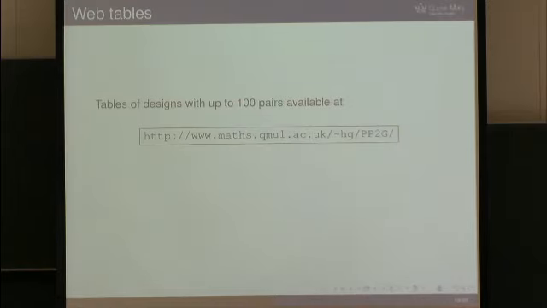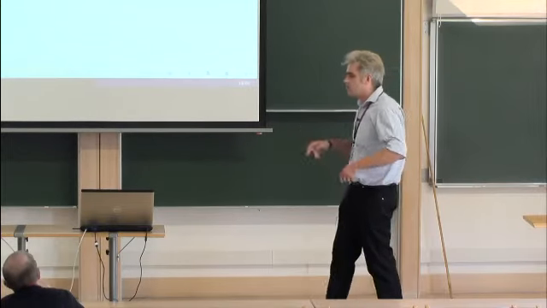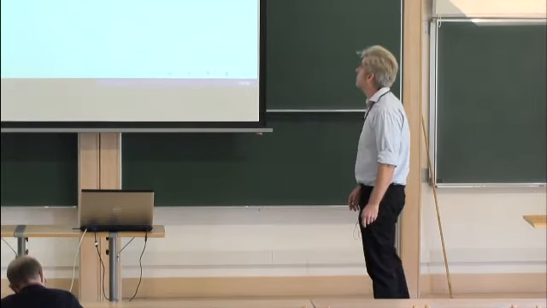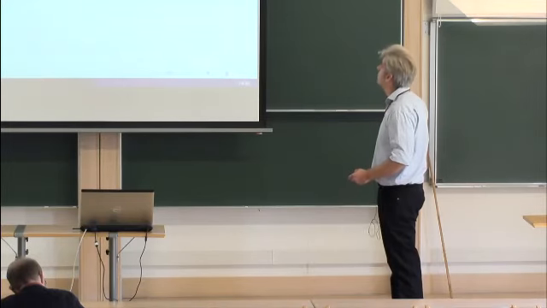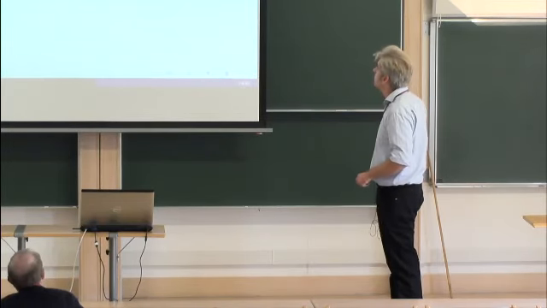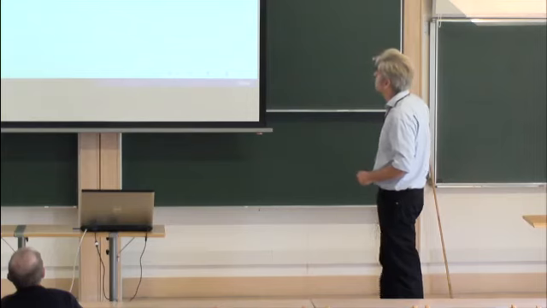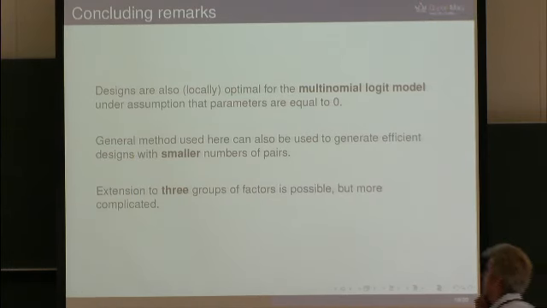Finally, I was in a sense very sloppy about the technical details given the time, but if you're interested, you can look at those two papers. I should perhaps just mention my conclusions. Again, the designs here, although derived in the linear model setting, are locally optimal if the beta vectors are 0 for the multinomial logit model.